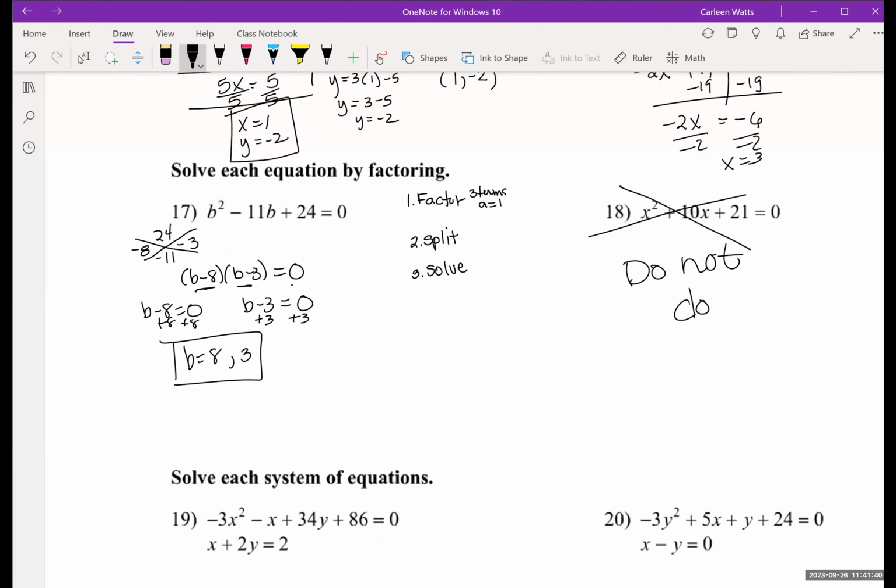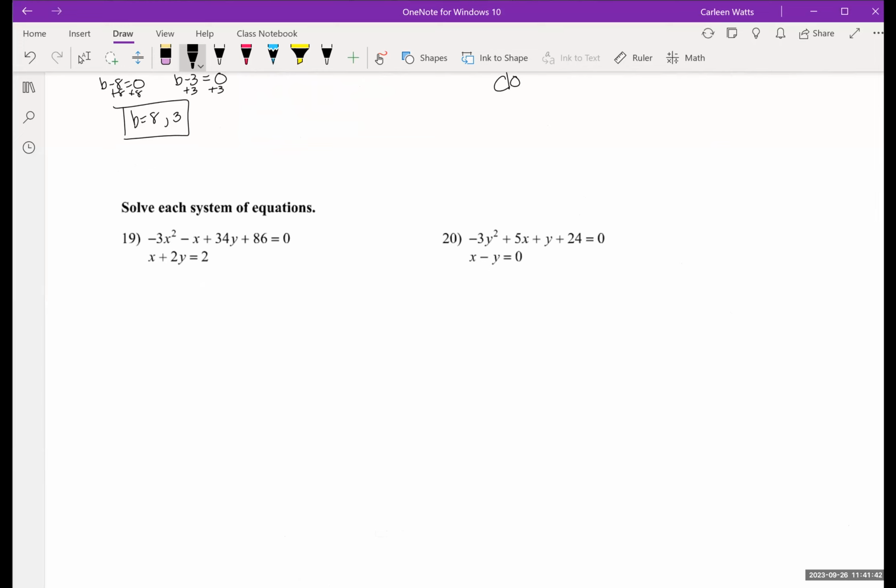Okay, so here's the scoop. Number 19, we're going to cross off, but I'm going to tell you it's on the week 9 exam as an extra credit problem. It's not that bad. It involves substitution. I'm going to do it at the end. We're not doing that one.